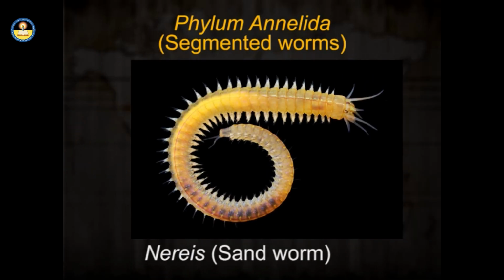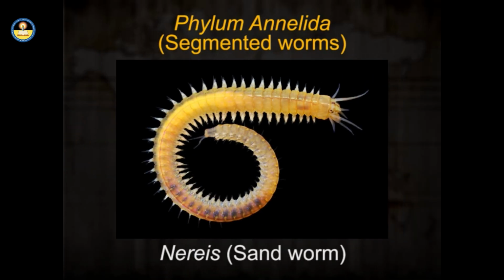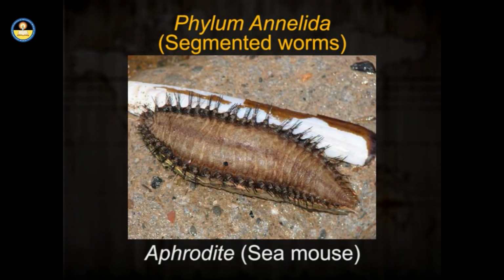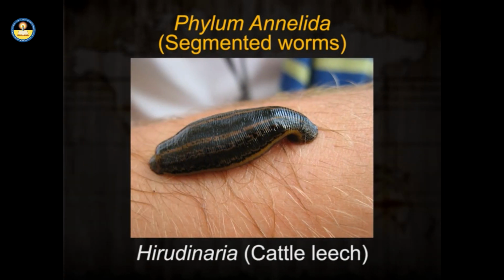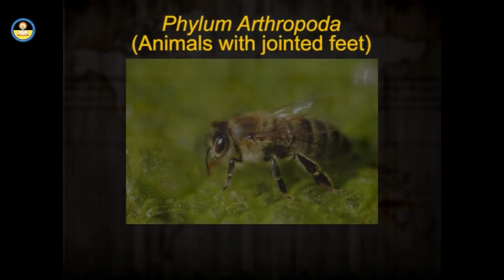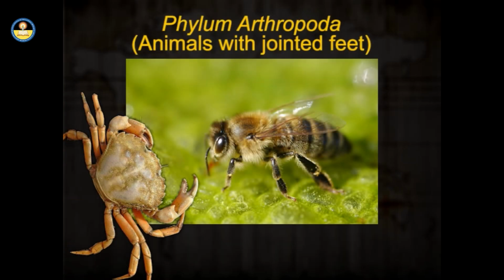Examples: Nereis, that is sandworm. Aphrodite, that is sea mouse. Pheretima, that is earthworm. And Hirudinaria, that is cattle leech. Phylum Arthropoda. Animals with jointed feet.